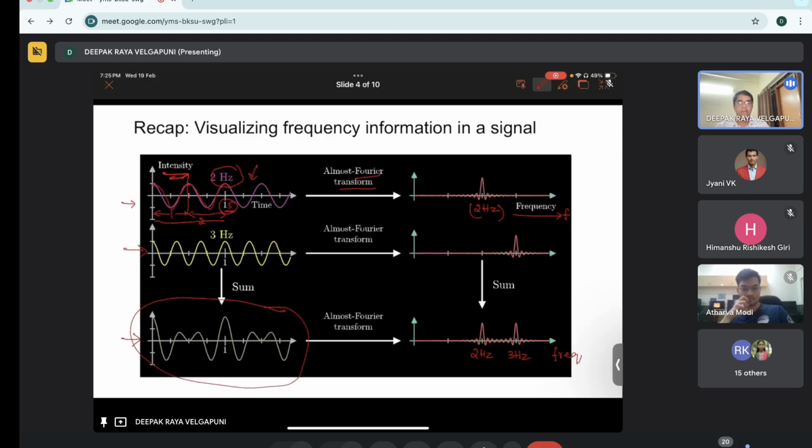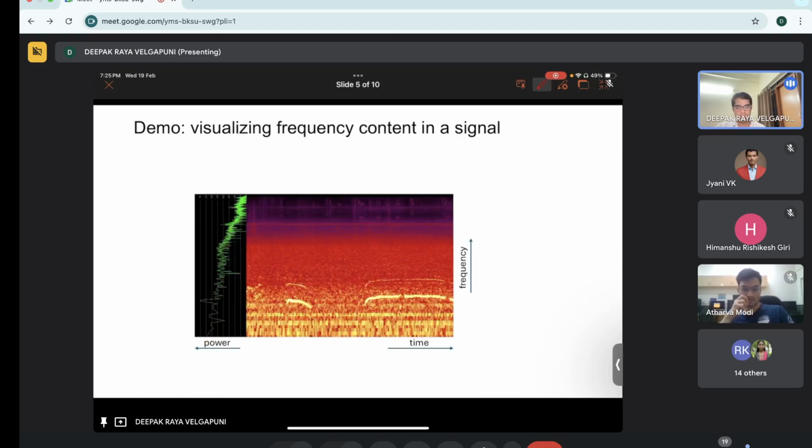Now there is another type of visualization where you can cut the signal into multiple segments and see the frequency content in each segment. So this gives a two-dimensional signal like this, as you see here. Right now you focus only on this part.